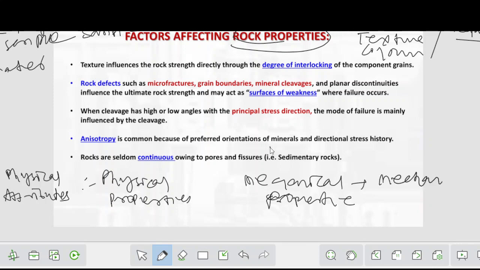Like shear stress, strength. Exactly. Durability? Durability is a physical parameter, how durable the rock is. Durability is a physical property, right? And swelling properties are there, right? Thermal properties are there.